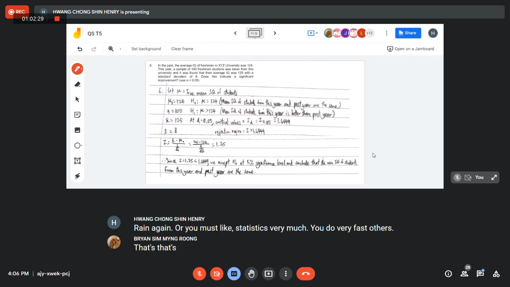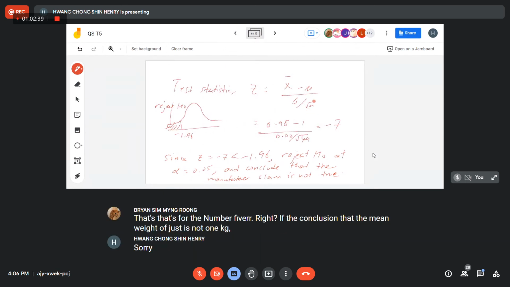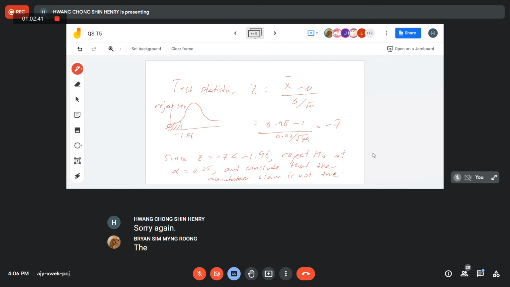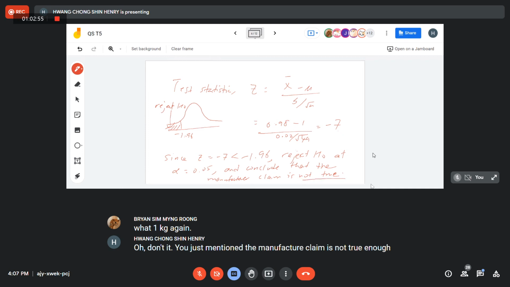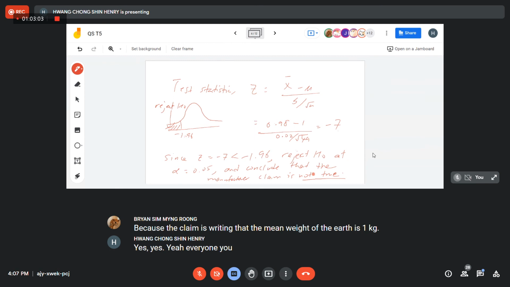Sir, for number 5, is it right if the conclusion is that the mean weight is not 1 kg? Oh, no need. You just mention the manufacturer claim is not true. Enough already, because the claim is that the mean weight is 1 kg. You no need to write 1 kg.